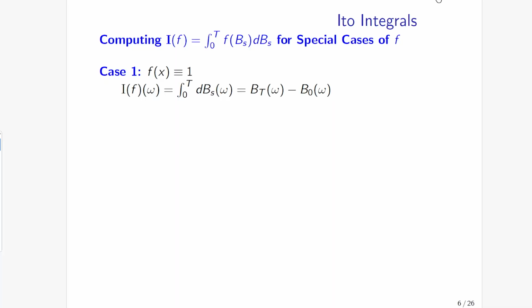If we integrate the increments of Brownian motion from 0 to capital T, let's propose that that's equal to the increment from 0 to T for each path.